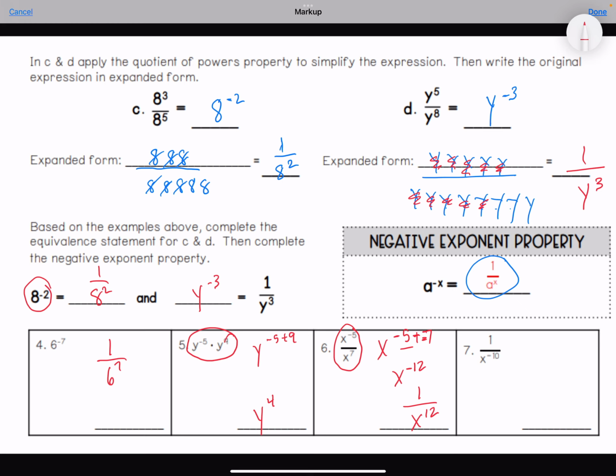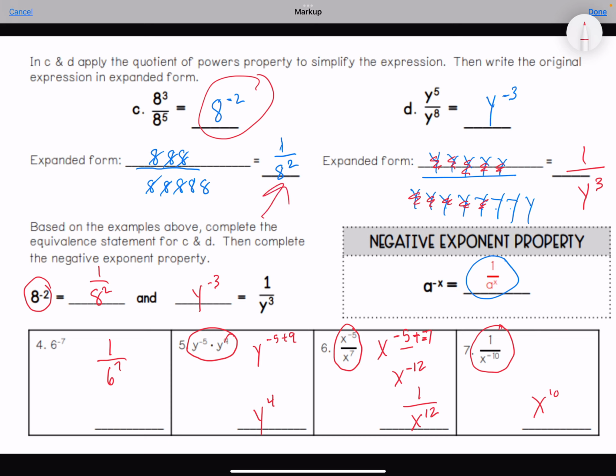If you have a negative exponent in the denominator, all you have to do is flip it to the top. Basically, it's opposite. Negative just means you're flipping it to the other side. You're going to flip it if it's, like right here, it was x to the negative 2.